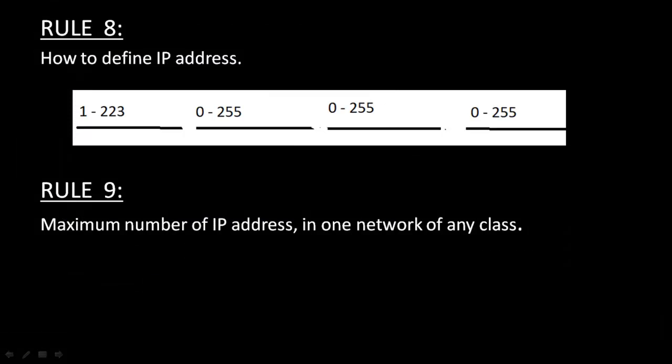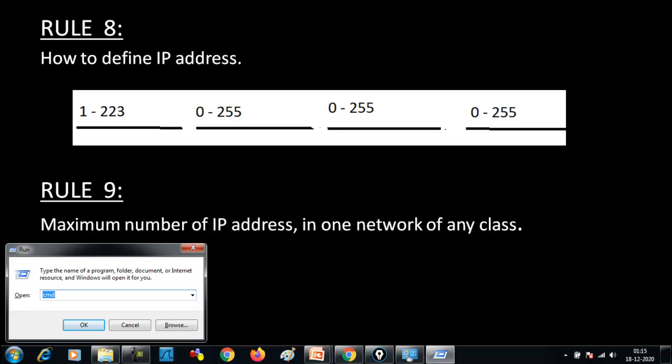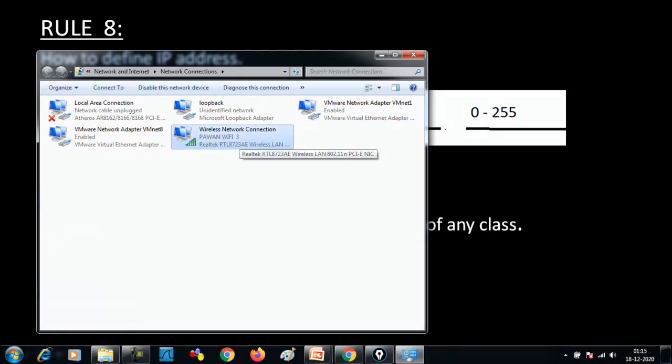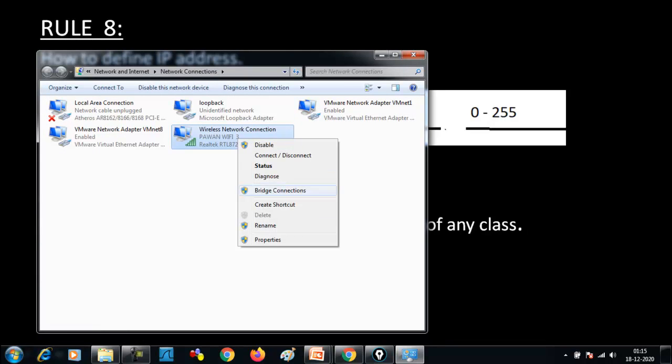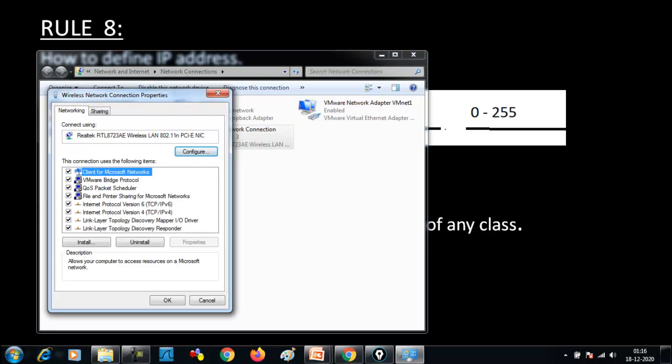Now let's verify that we cannot use 0 in the first octet. So we'll type the command ncpa.cpl and go to the Wi-Fi LAN card properties, and then to IPv4 properties.